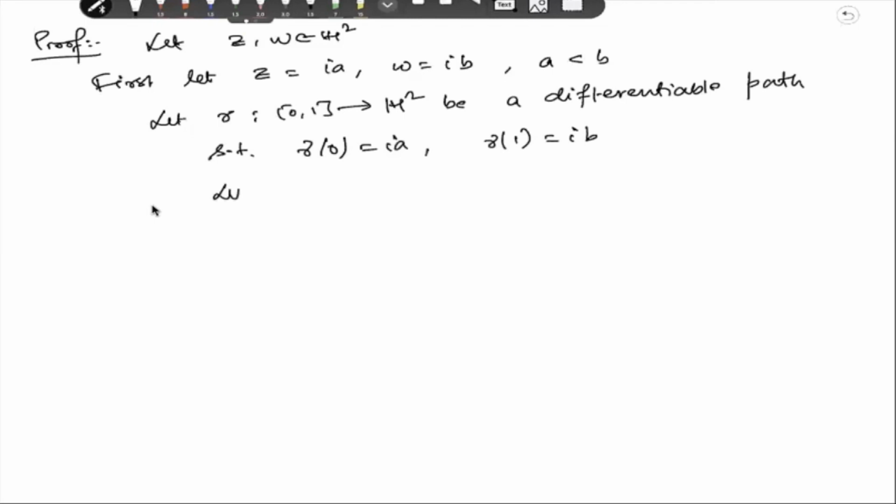And let us also write gamma(t) to be x(t) plus i y(t), where t varies in the closed interval 0, 1.